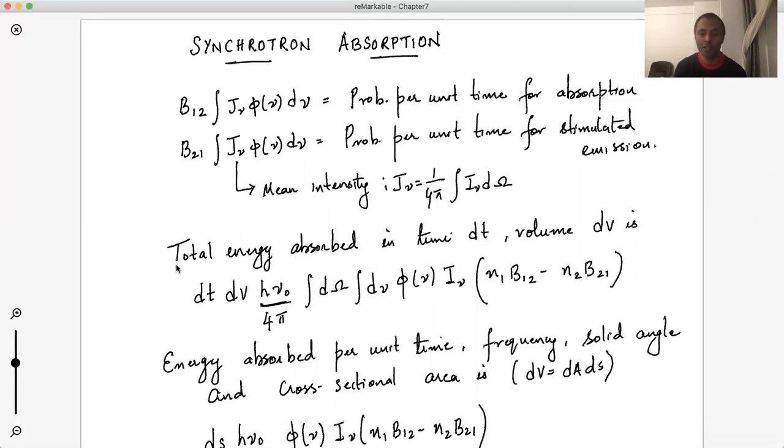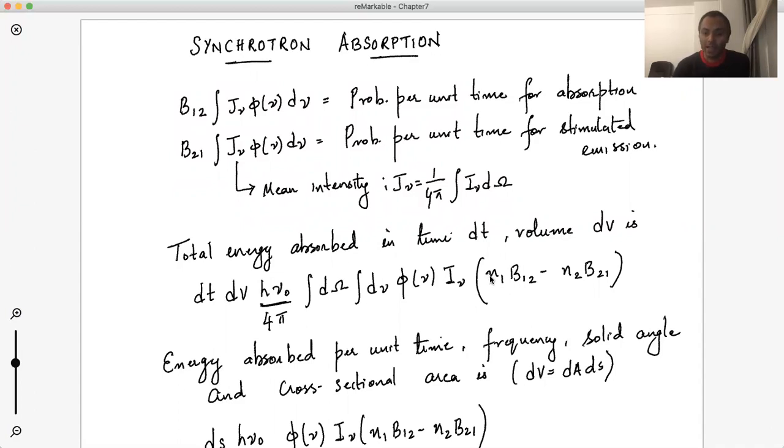The total energy absorbed in time dt per volume dv is dt times dv, times h nu, the energy of the photons being absorbed, an integral over all solid angles, and this expression here, which has units of per unit time. You multiply that by dt, so you get the amount of absorption in time dt.